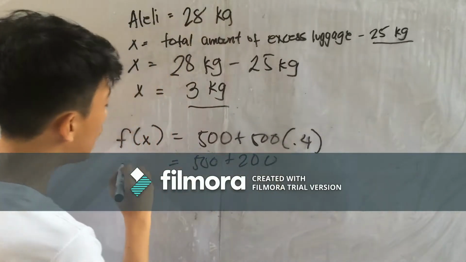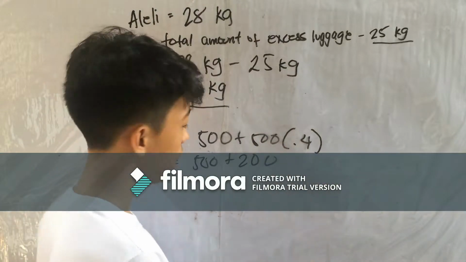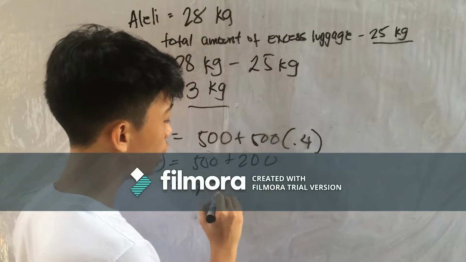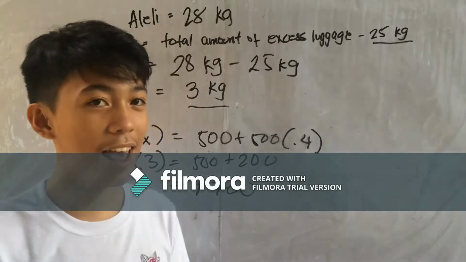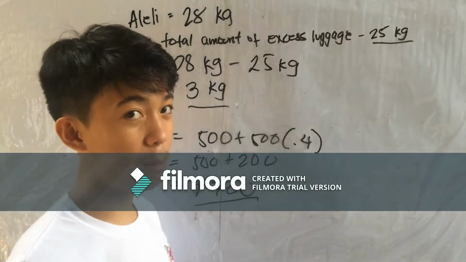Ang f natin ngayon is 3. This is equals to 700. So, ang kailangan ni Aleli bayaran is 700 pesos dahil lumagpas siya ng 3 kilograms.